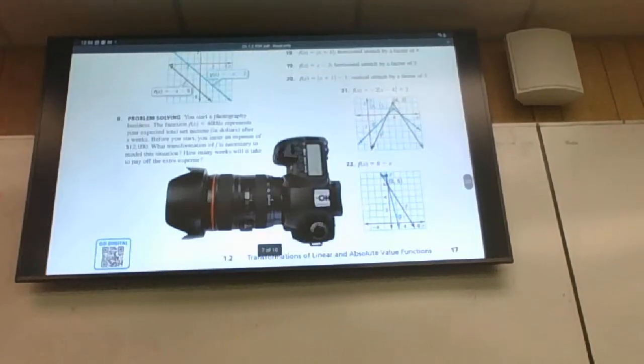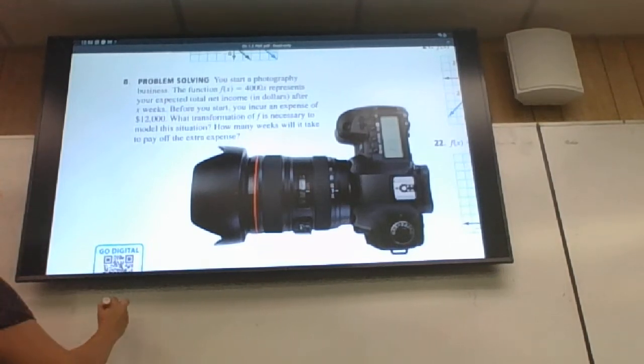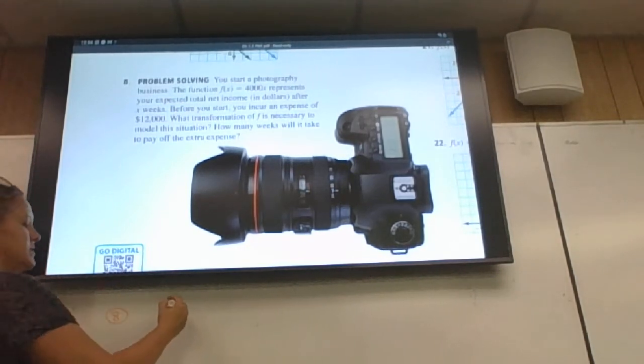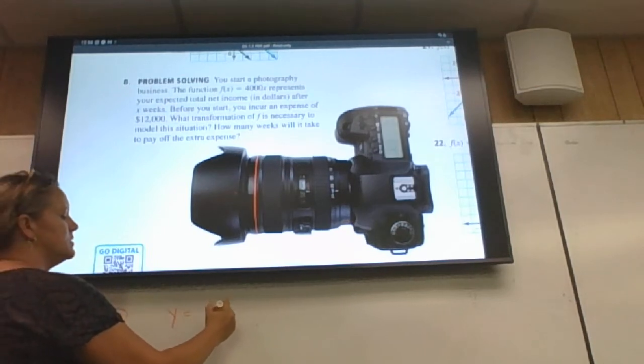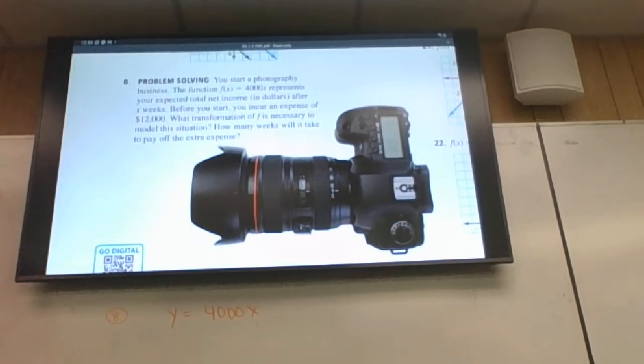You guys don't want to talk about 8? I should have questions on number 8. So 8 represents an income. So this means you're earning $4,000 per week taking pictures. Oh, it's a photography business. I thought, how does someone make $4,000 a week taking pictures? Who are they selling them to? But it's a whole business.